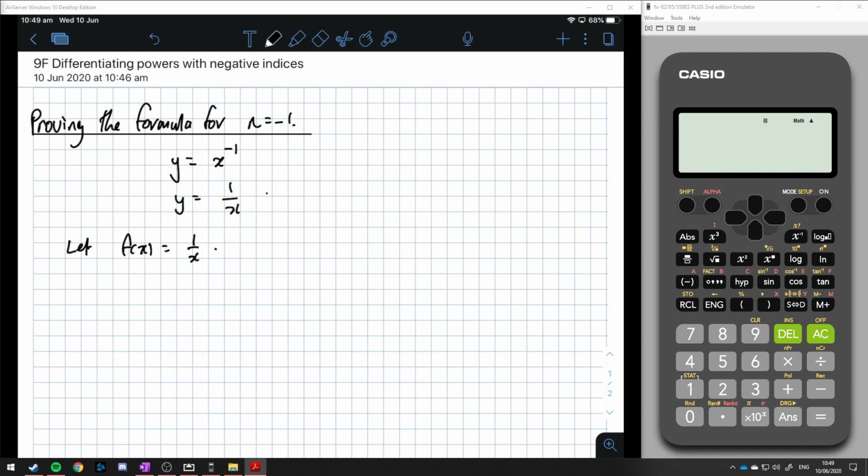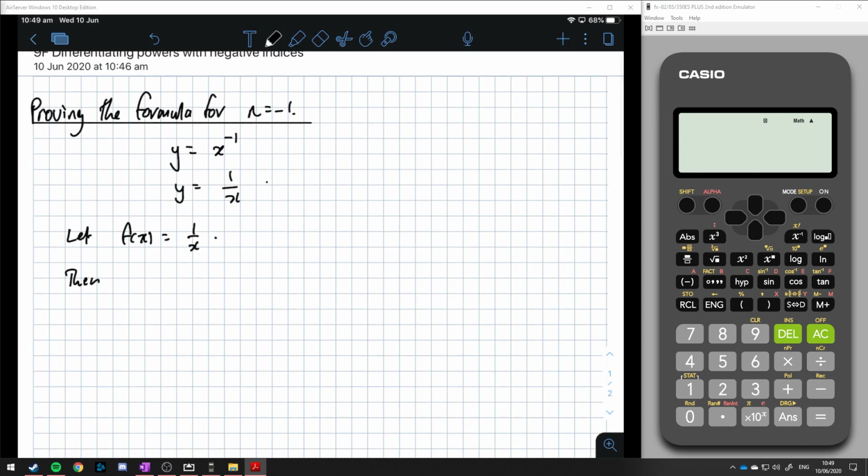Then, using our limit form, we've got f(x+h) minus f(x) over h, which is equal to, I'm going to write this out the long way, 1 over (x+h) minus 1 over x, all over h.